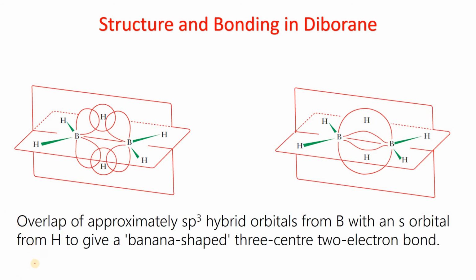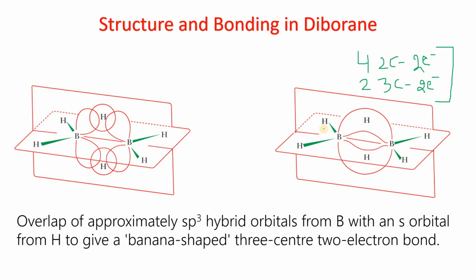So in diborane, we have 4 2 center 2 electron bonds and 2 3 center 2 electron bonds.